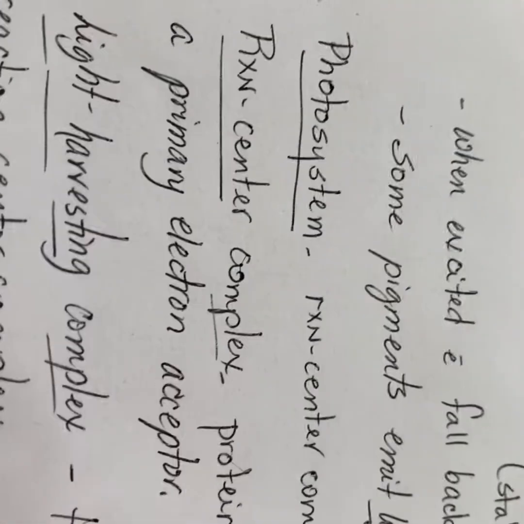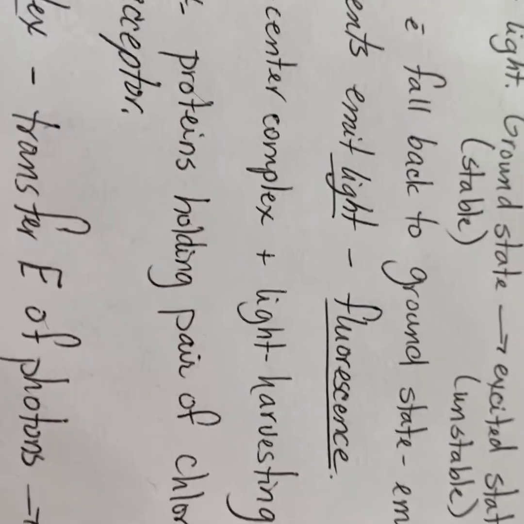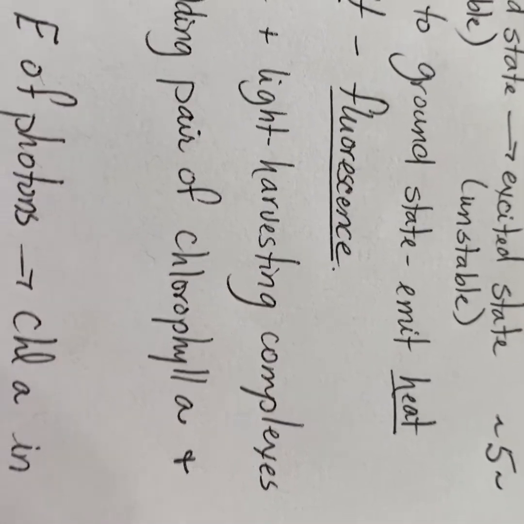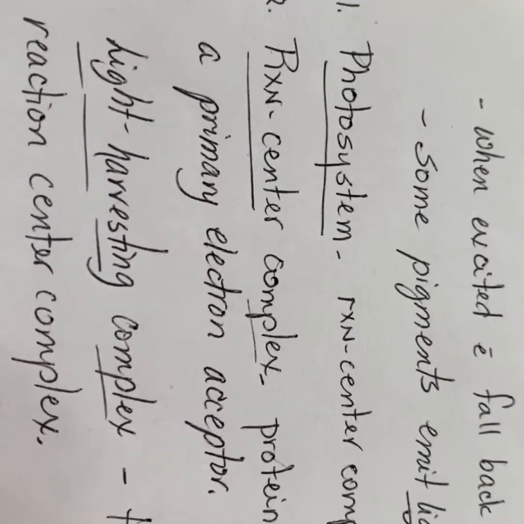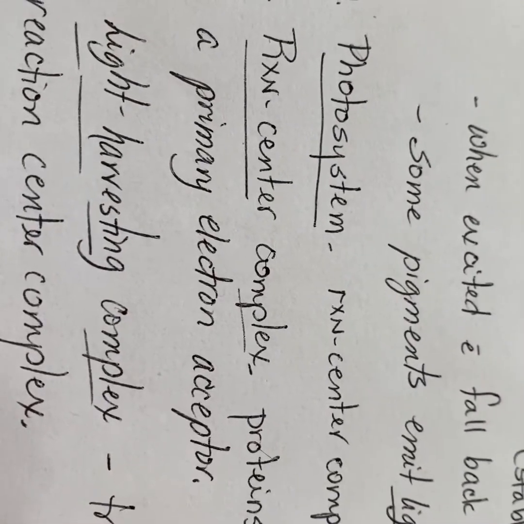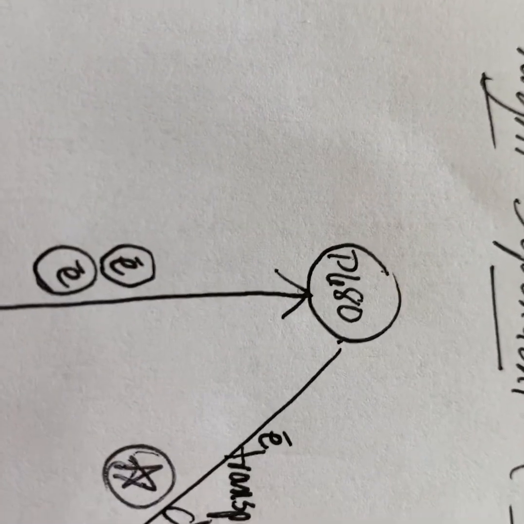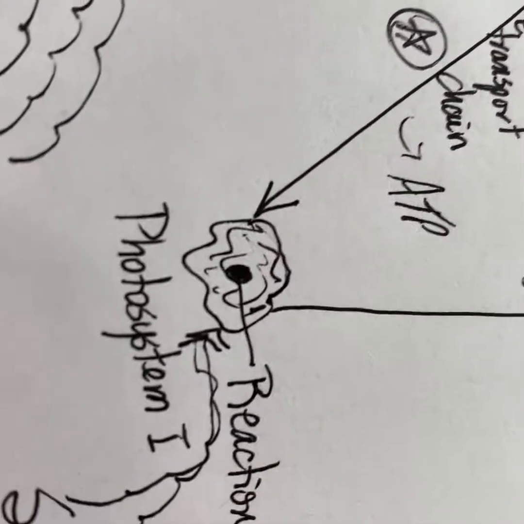Now, the reaction center complex is just a bunch of proteins holding a pair of chlorophyll a and a primary electron acceptor. Remember, we have to accept these electrons so they can gain energy from the sun, and then once they're energized, begin to move through this linear electron flow.